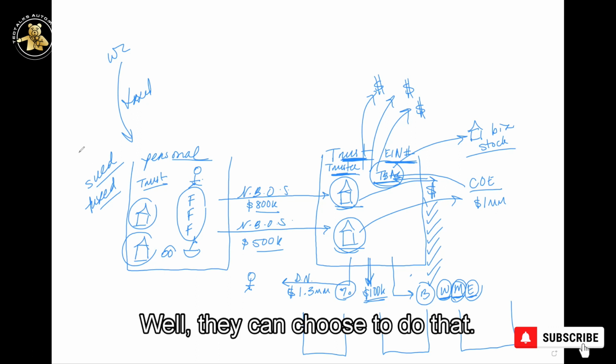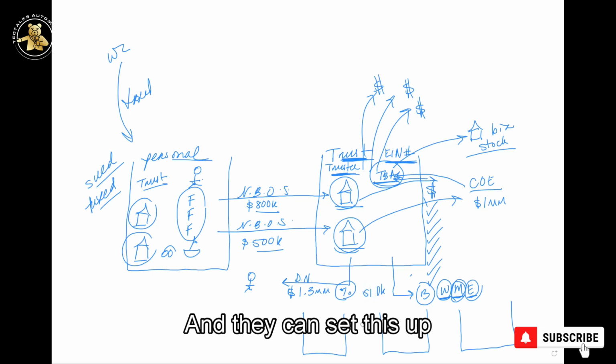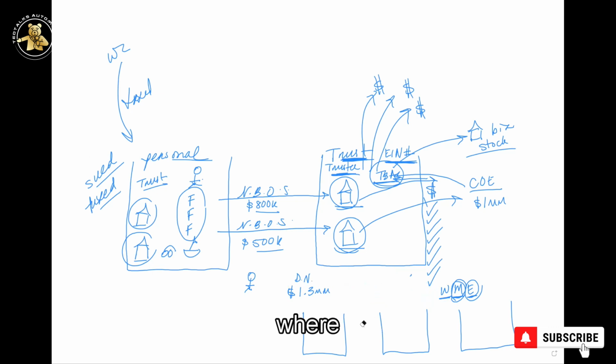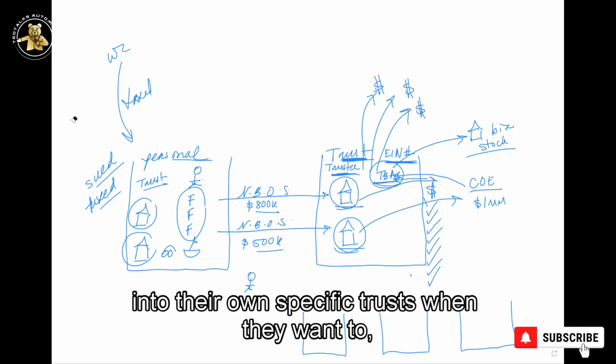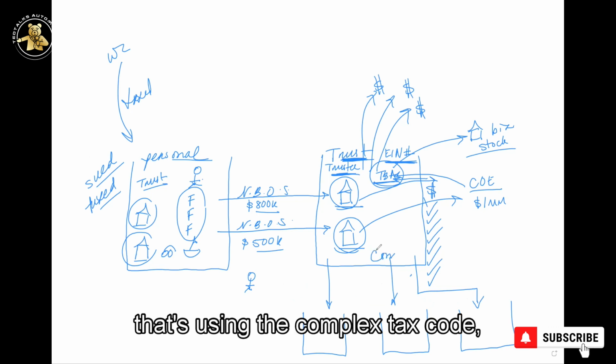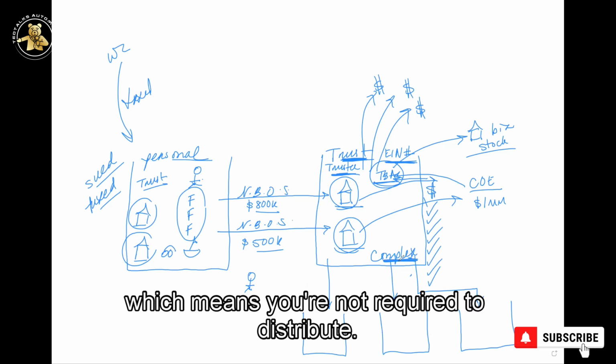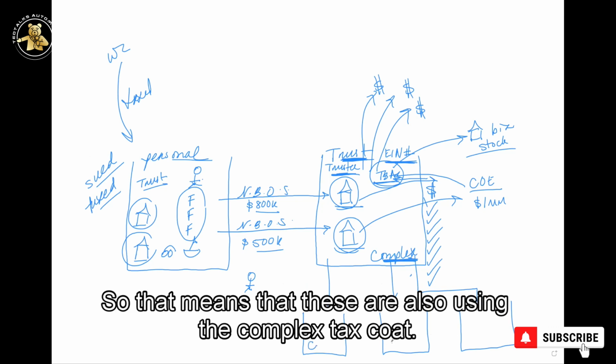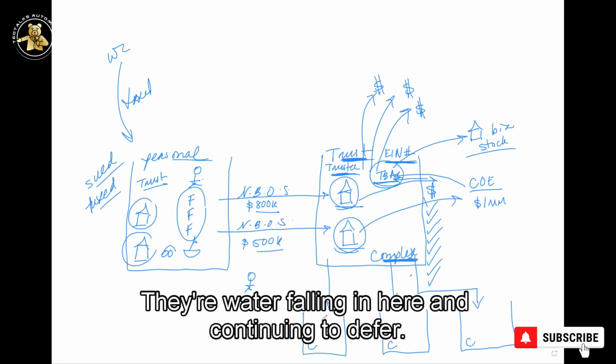Well, they can choose to do that, and they can set this up where they can waterfall into their own specific trusts when they want to. So they can distribute, but they're distributing again into a trust that's using the complex tax code, which means you're not required to distribute. So that means that these are also using the complex tax code. They're waterfalling in here and continuing to defer.